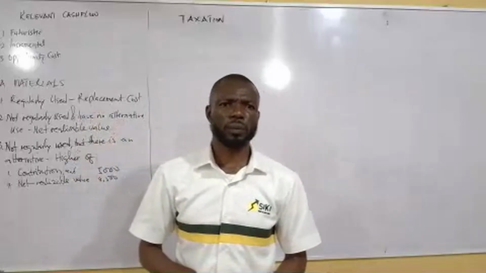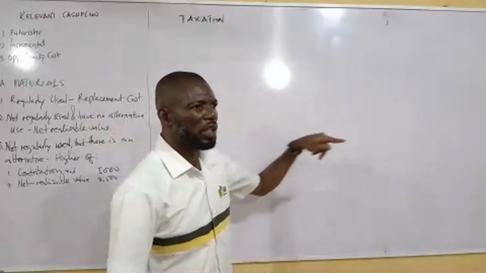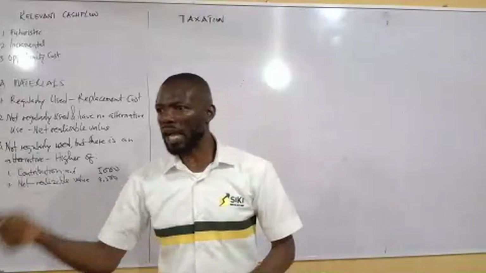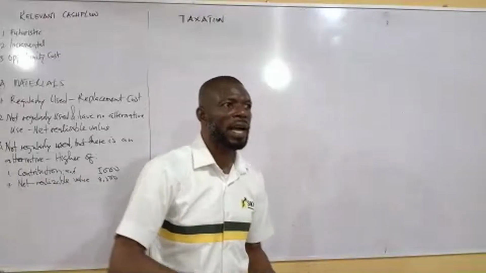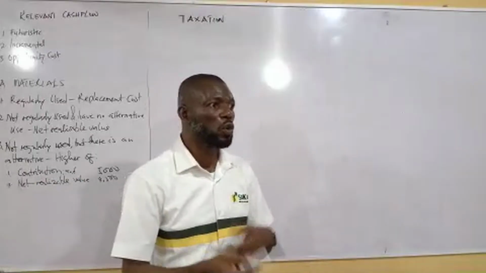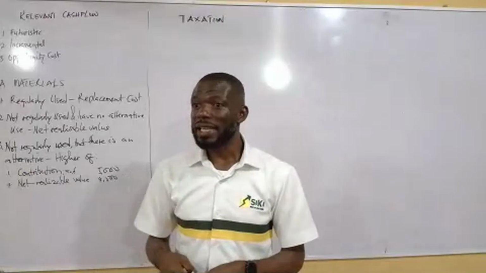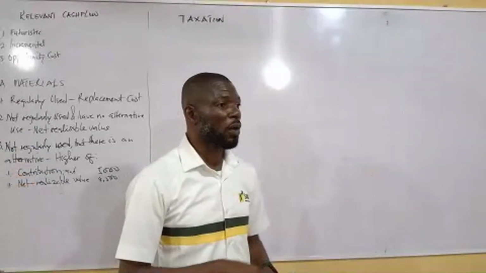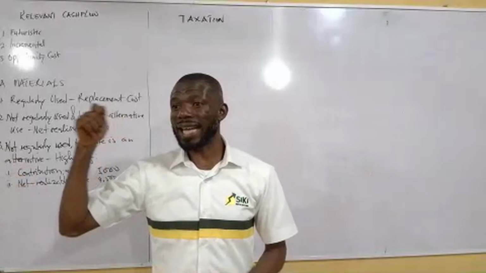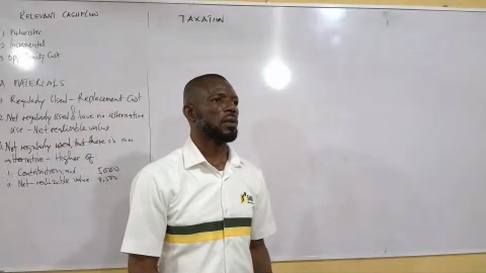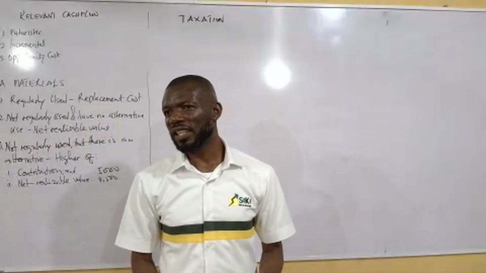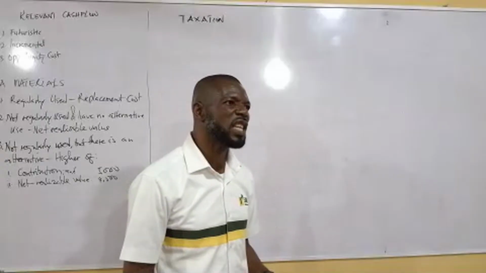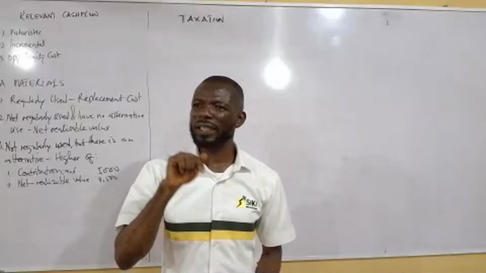Number two, if you are taking up a project, you spend on PPE. You are either buying plants, or machines, or cars related to those projects. These are PPEs. Because you are spending money on qualifying capital assets, you have capital allowance, and capital allowance will lead to a reduction in your tax.